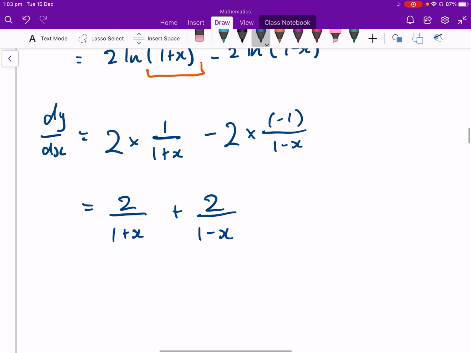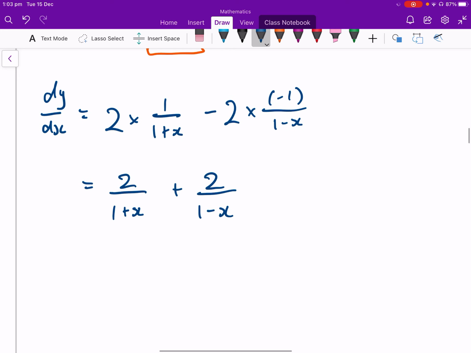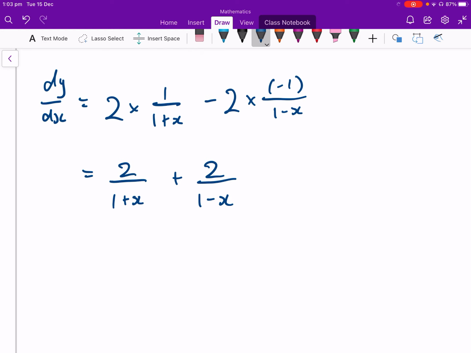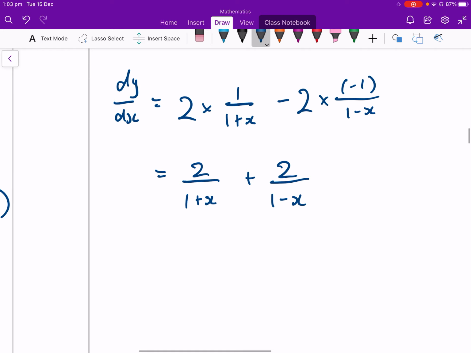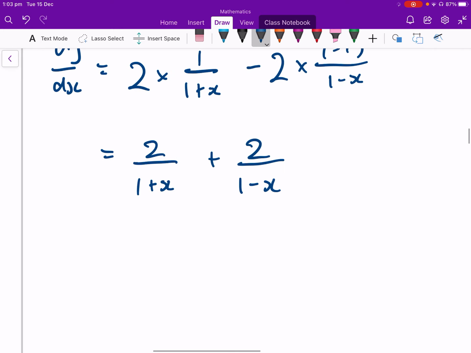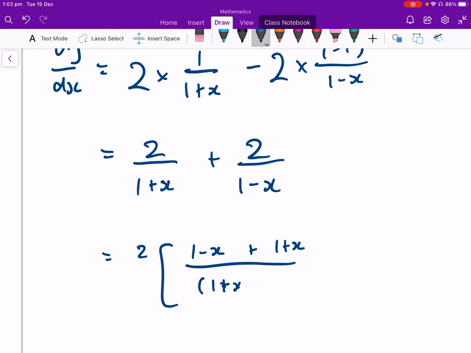Okay, now there's a few things I can do here. I could actually take a factor out if I want, and then make a common denominator, or I could leave it as is. But I might actually put it on the one denominator. So here I'll take a 2 out, and then I'll have (1 − x) + (1 + x) all over a common denominator of (1 + x)(1 − x).